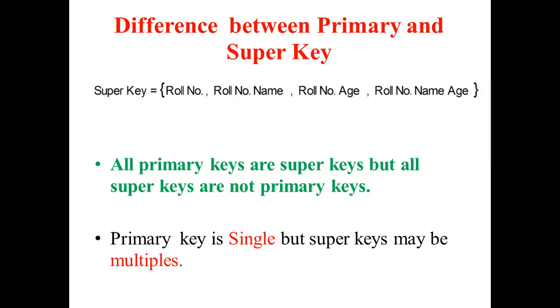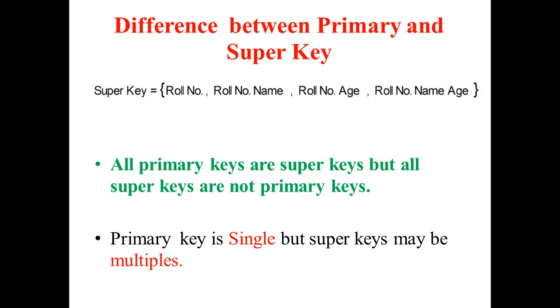So this is all for the super key. In summary, we can say that a super key is a key which helps you uniquely identify the tuples or rows of a table. It is nearly similar to a primary key. It may be a single attribute, or for defining the super key, we can combine different attributes together.